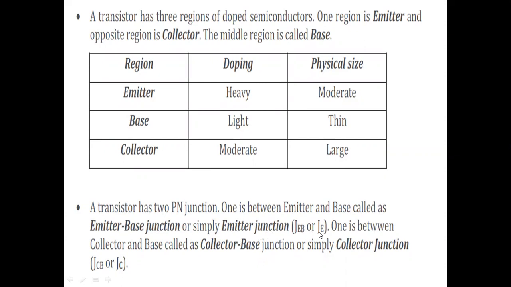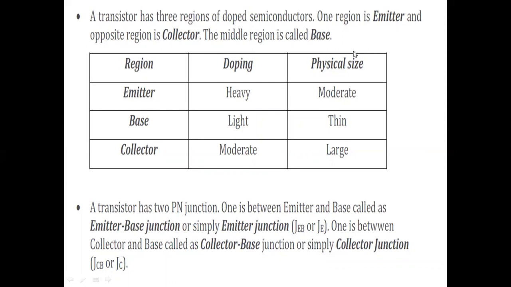Another one, between the collector and base, is called the collector junction, JCB or JC. Is it clear up to here?